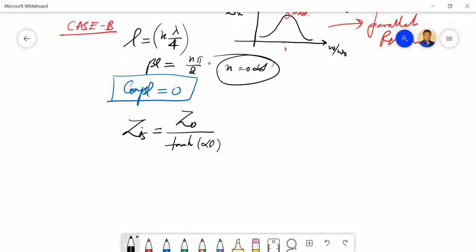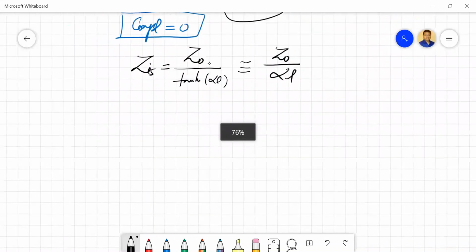Now again, considering this αL is very small, correct, we can write it like this. This should be equivalent to Z0 over αL. Now if the alpha value is very small, we can expect Z_IS will be large, not infinity, it will be large. I'm not saying this is 0.